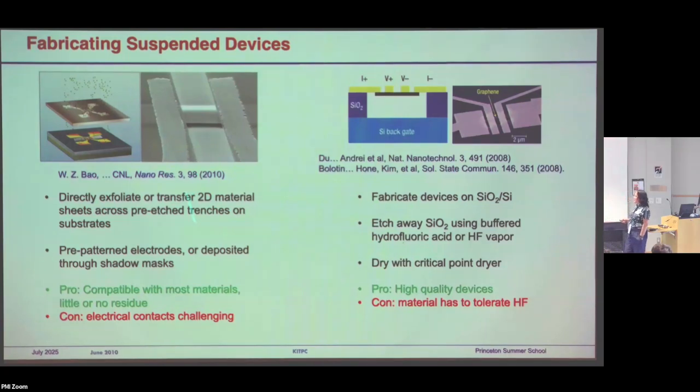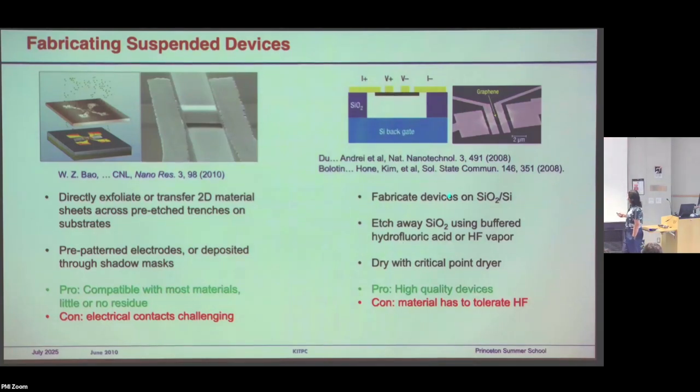The nice thing is that this is compatible with most materials and gives a very clean device, because we did not use any chemicals in the fabrication, so there are no chemical residues. The main difficulty is that making contact is not easy. For example, with a shadow mask, you have to align it pretty precisely.